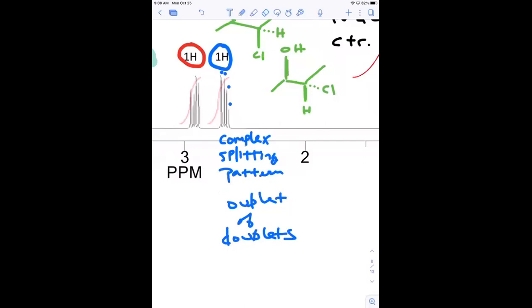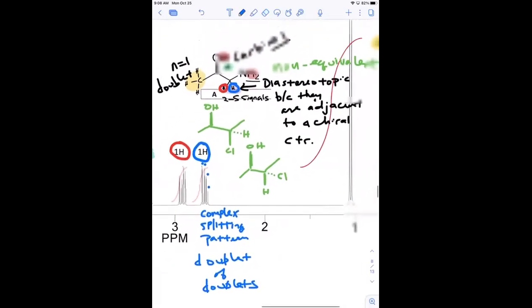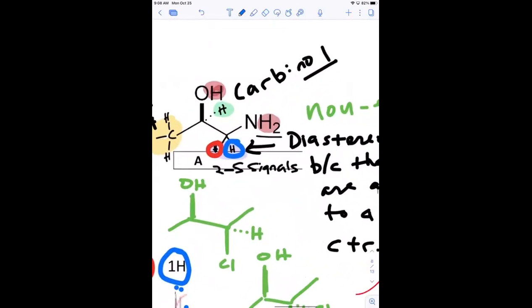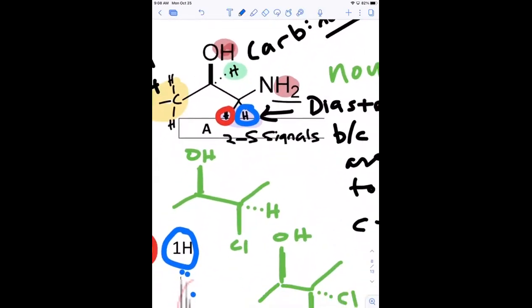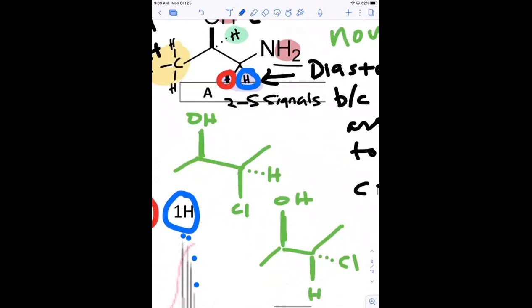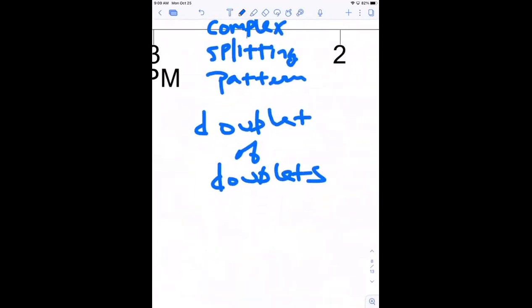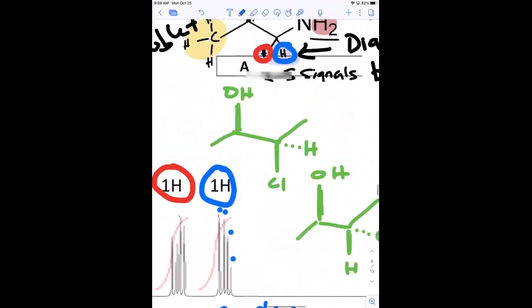And the reason, we go back up here, and this is the blue proton. It's going to split with the proton that's circled in red, and it's going to split with the one that's highlighted in green. So the N+1 rule, we're going to apply it twice, right? So that signal is going to be split into 2 doublets.